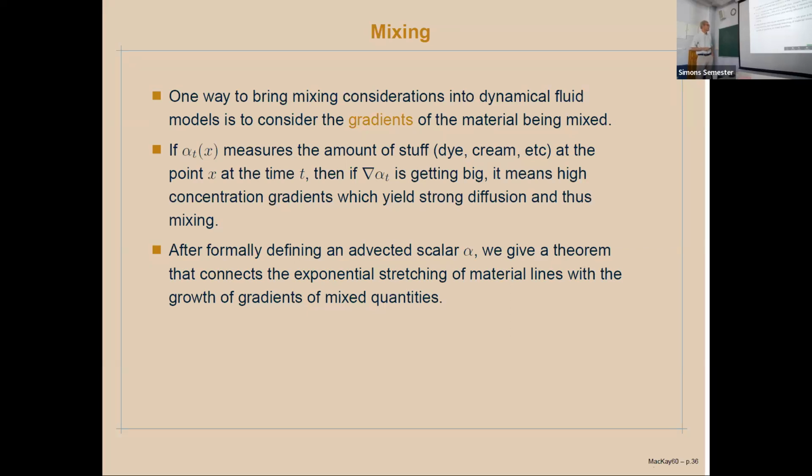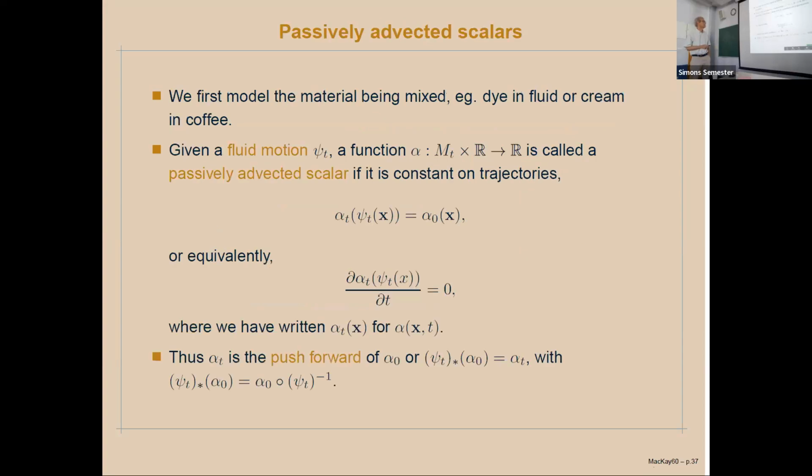All right, so what our theorem is going to be about is to connect the exponential stretching of, as I said, this material line, with the growth of gradients. So again, this is all going to use the pseudo-Anosov theory and this theorem of Thurston on growth rates of advected, if we use that language.